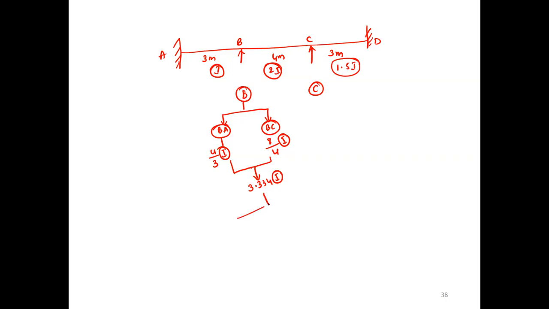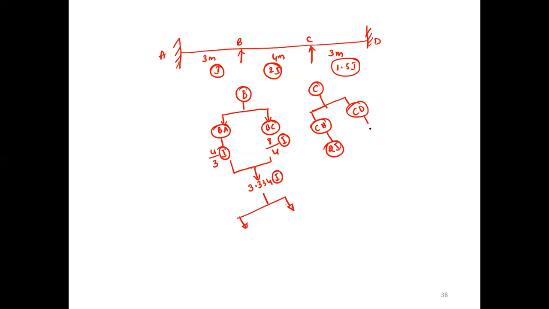Once again, if you do this, fine. For this, CB, CD, 4EI by L, 4EI by L. So I am getting 2I.